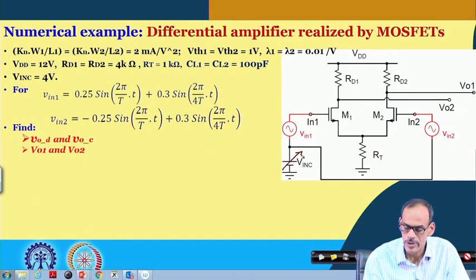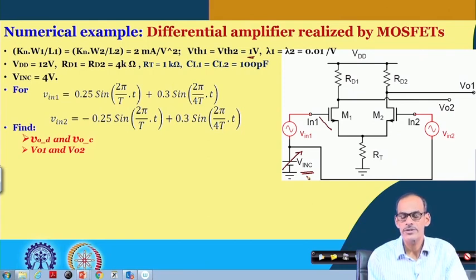Before we go into that, we would also like to see what may be the suitable range of this input common mode voltage. In fact, if you consider the threshold voltage of the devices, it is 1 volt. So, definitely the theoretical lower limit of V in C is 1 volt, but to have some current, the voltage here should be beyond that.